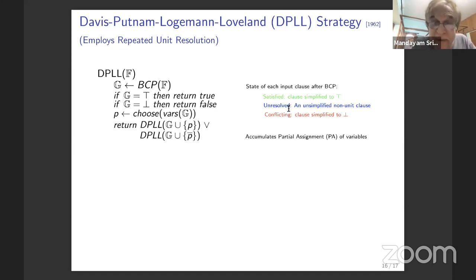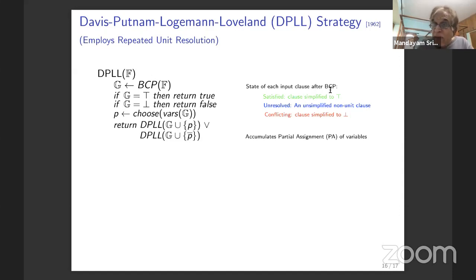The third outcome is the one in which you have to choose a variable. If it's unresolved, all the clauses can be unresolved, that is, unsimplified non-unit clauses.